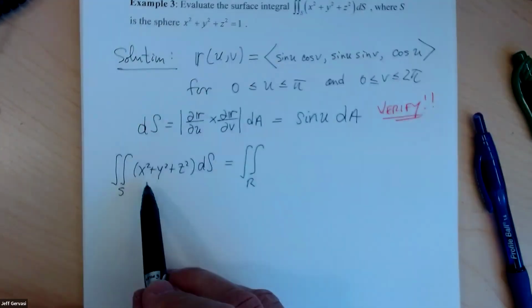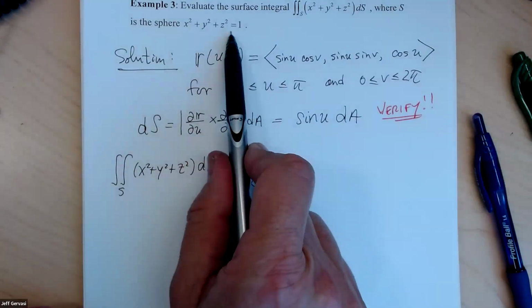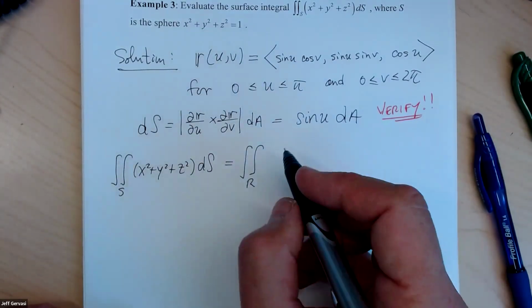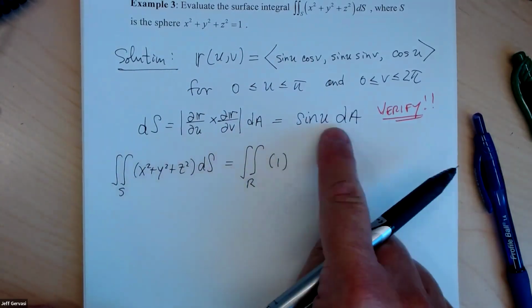Now, first of all, x squared plus y squared plus z squared can be replaced with 1 based on this equation right here. And dS, well, I've got that right here.